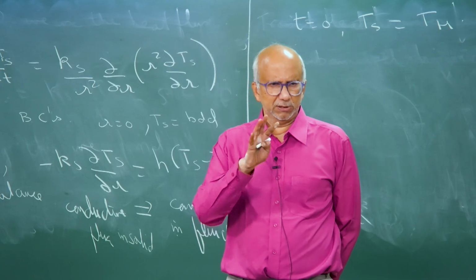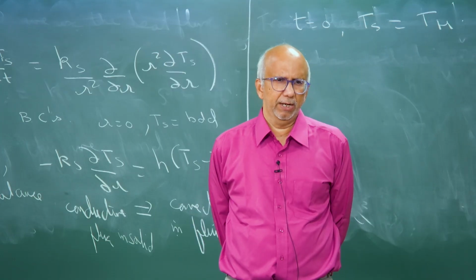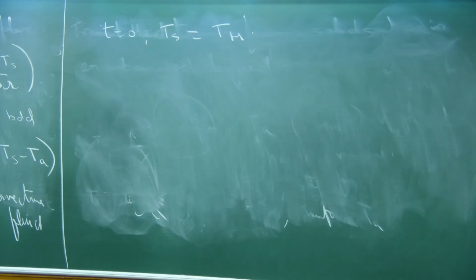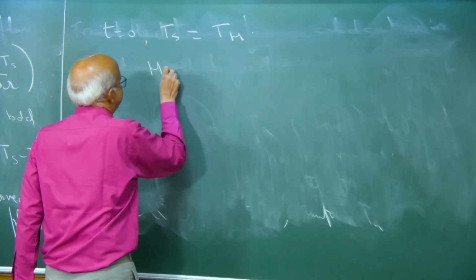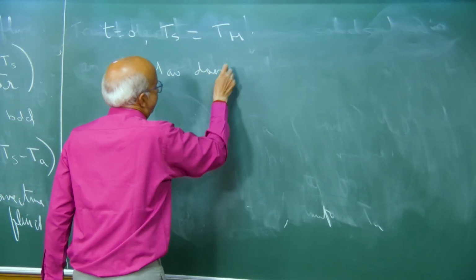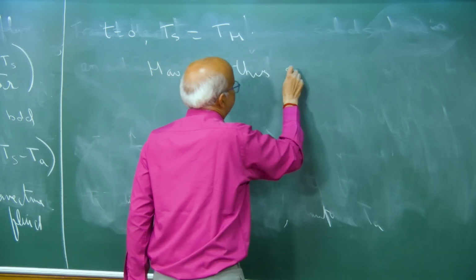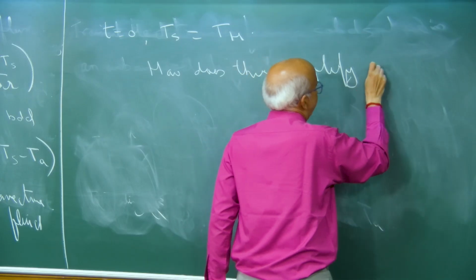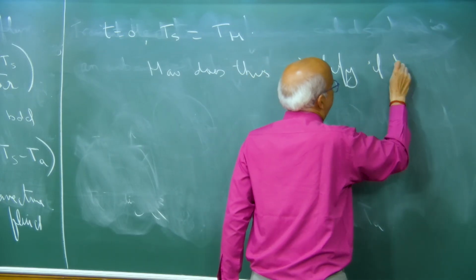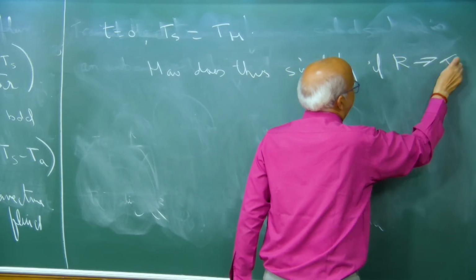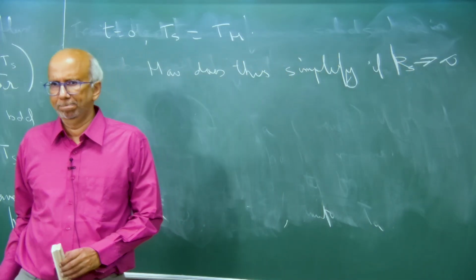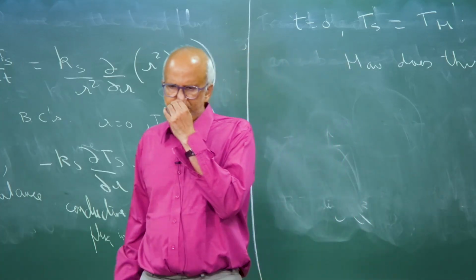So, I am going to use a kind of physical argument and then proceed to make it a bit more simple. How does this simplify if Ks, the solid thermal conductivity, tends to infinity?